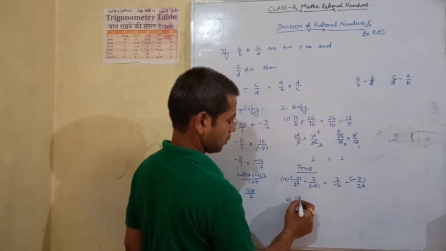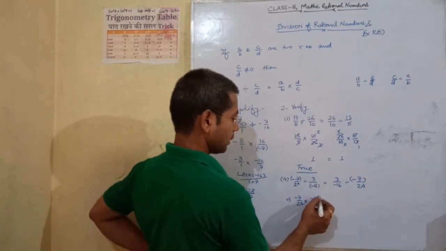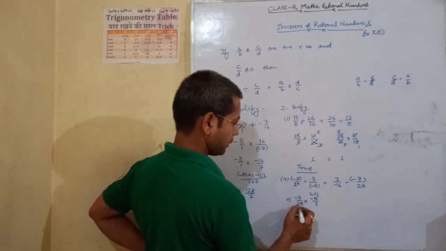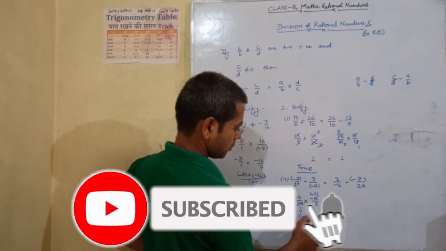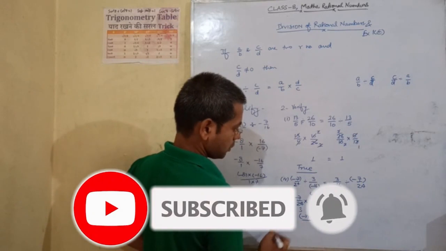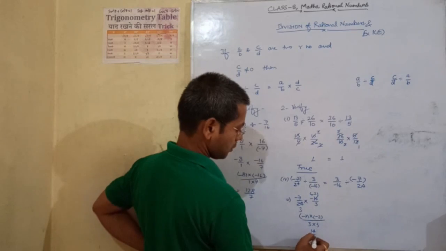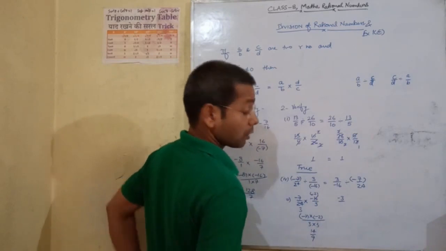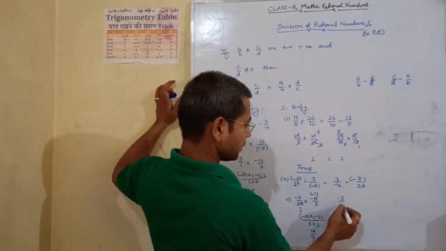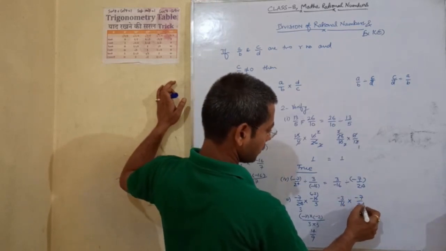Minus 7 upon 24 multiplied by minus 16 upon 3. Calculate: 8 into 2 is 16, 8 into 3 is 24. Minus 7 into minus 2 upon 3 into 3 is 14 upon 9.